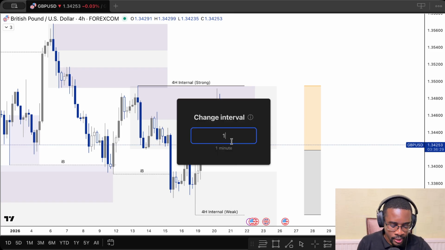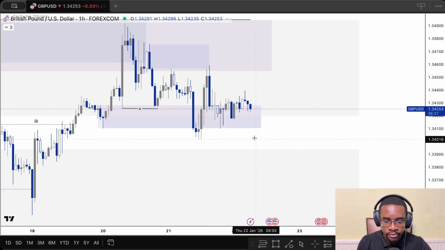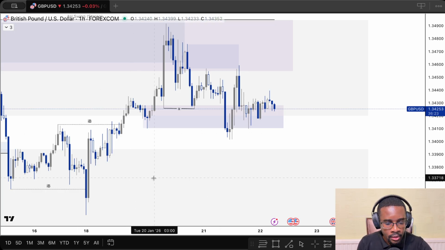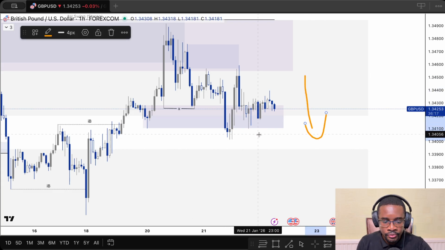So bias is bearish, but we do not have clear structure to work off from. So bias is bearish for the pound dollar, but we do not have any structure.